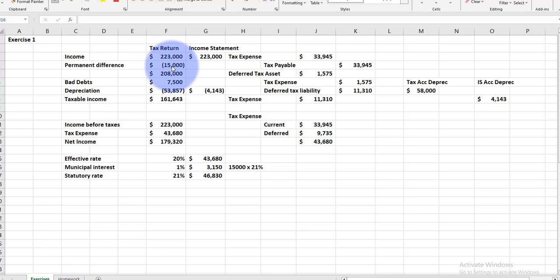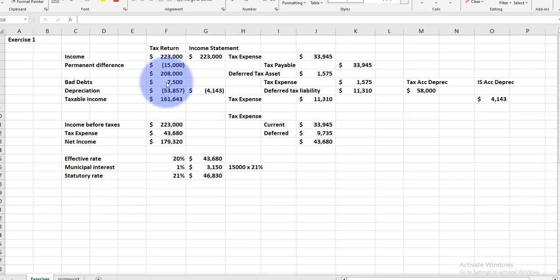We're going to take that off the income on the tax return, so we're going to subtract that. So on the tax return, our income with just that one permanent difference is 208. That's a permanent difference, never going to be taxable. So already we have a difference between what we're reporting to our shareholders and what we're reporting to the IRS.